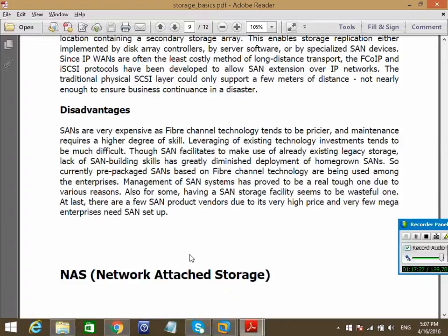Clustering, if you want to run data cluster as well. For example, we have some rack cluster, we have Veritas cluster.